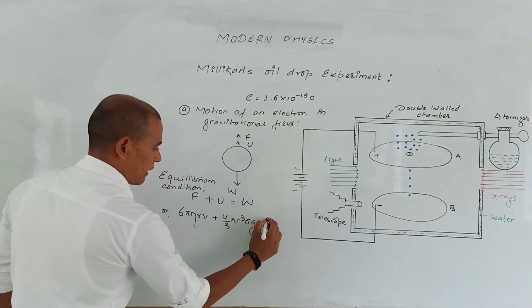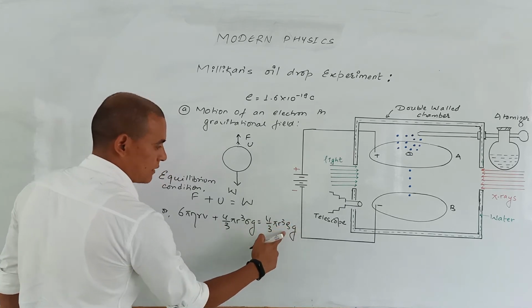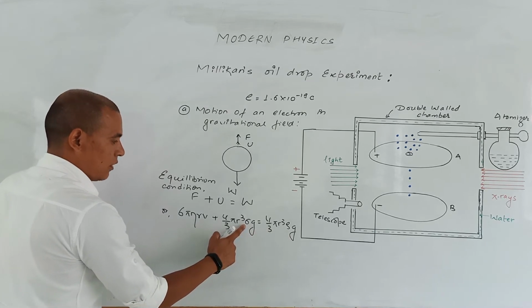For weight, we can write 4/3 pi r^3 rho g. Here rho is the density of the oil and sigma is the density of air.